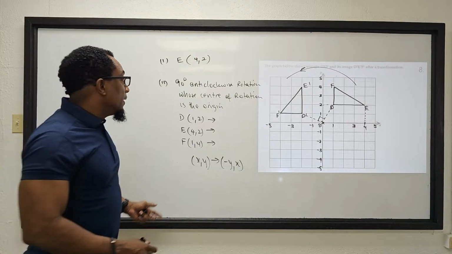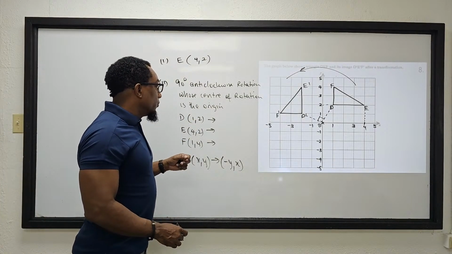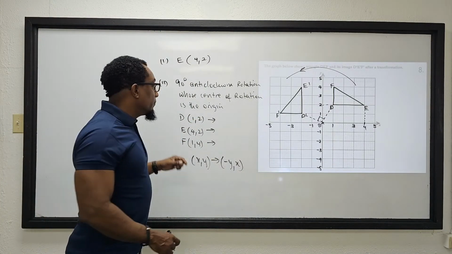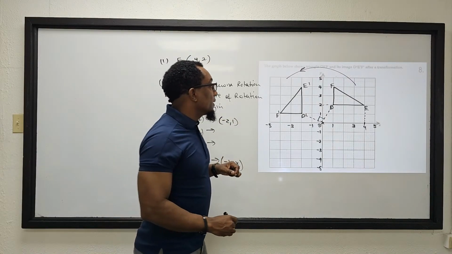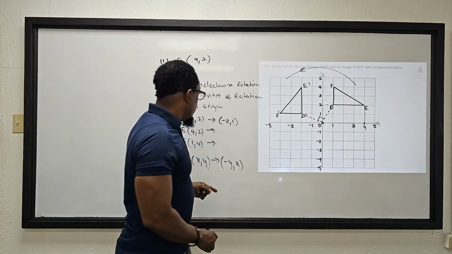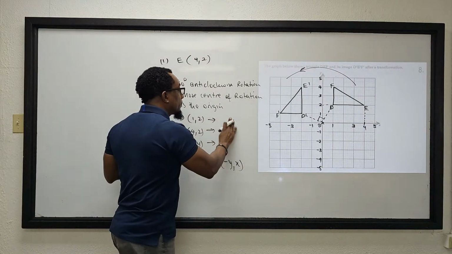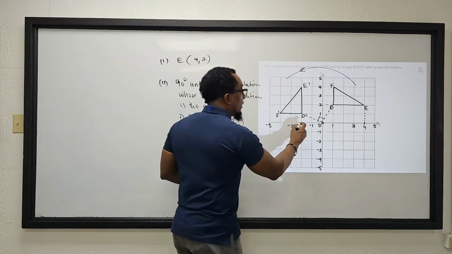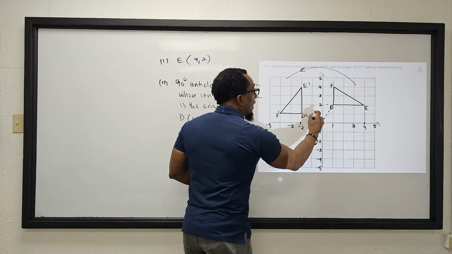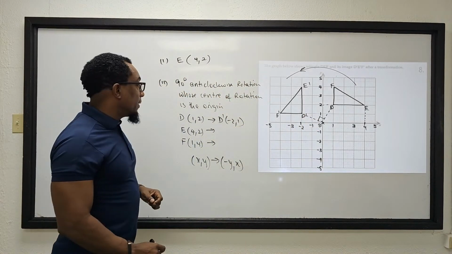Now let's prove it. If D is (1, 2), and you're using the rule (negative y, x), then this will become what? (Negative 2, 1). Let's see if we have (negative 2, 1) for D prime. So D prime is (negative 2, 1). Yes, that's correct for D prime.